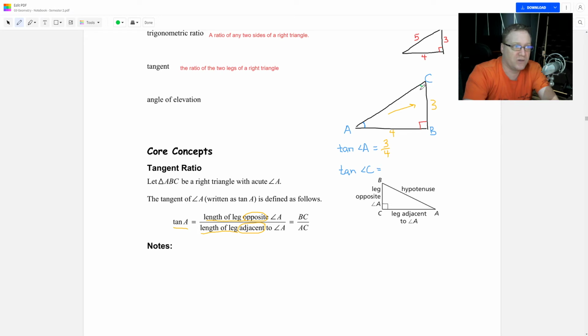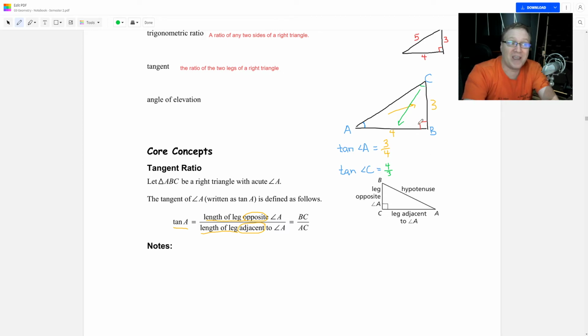All right, well, it's the one over here. This is opposite C. So now the tangent of angle C is going to be 4 over 3. All right, the opposite one over the adjacent one. All right, so we can find the tangent of angle A and the tangent of angle C.